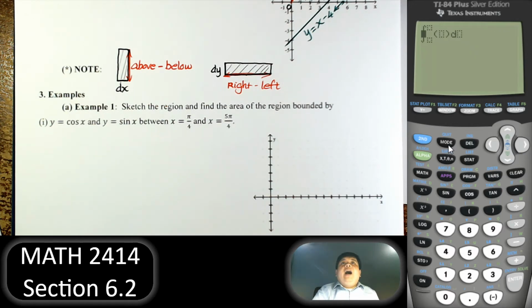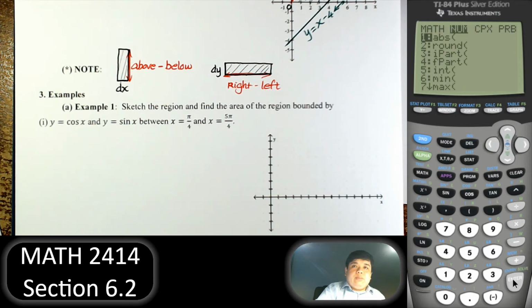If we just want the area, in that case, we can just say it goes from pi over 4 to 5 pi over 4, by the way, is this in radians? It is. And the function, we don't know which one is above, which one is below. If we just want to estimate the area, I will use absolute values. And I'll just pick one.